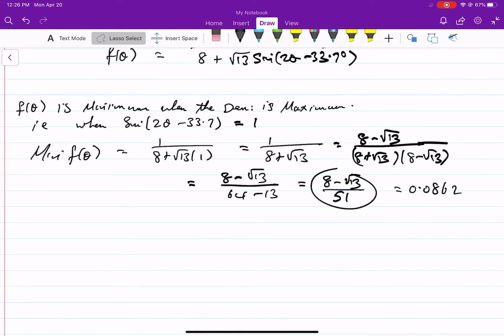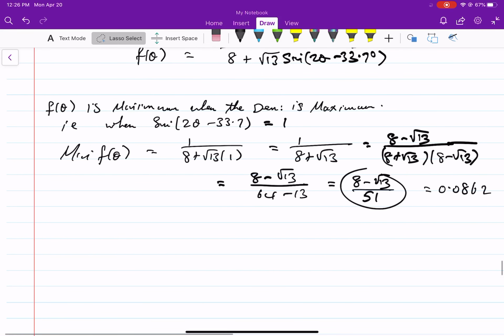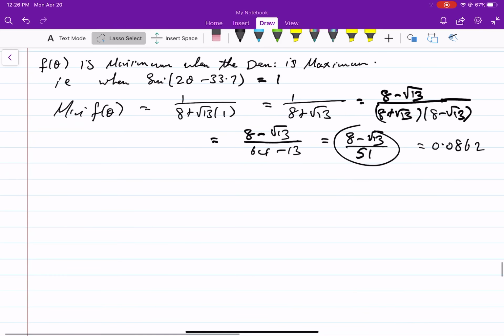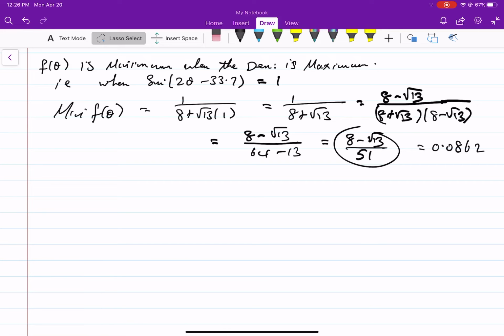There. Yes. What's the smallest positive angle that would make that happen? Well, remember, first of all, we took sine of 2 theta minus 33.7, and we had to put that equal to 1.